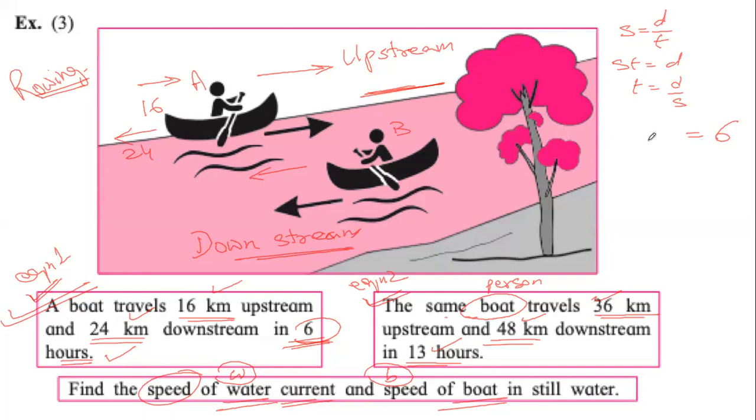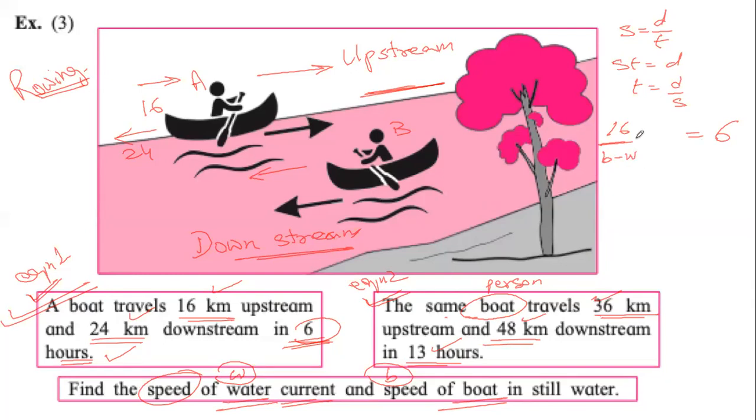Now, upstream, we covered 16 kilometers at speed. Because we are going upstream, our speed is reduced by the speed of the stream. It will become speed of the boat minus speed of the water current.